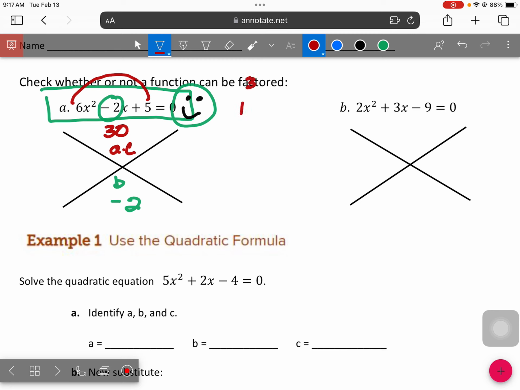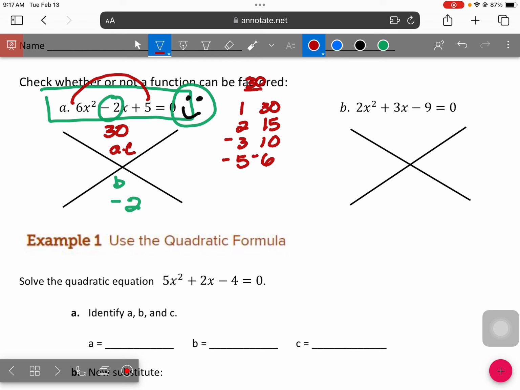Well, let's see. We got 1 and 30, 2 and 15, 3 and 10, 4 doesn't work, 5 and 6. And my values are positive 30. So let's see. What do you think? Can you see any that are going to add up to -2?